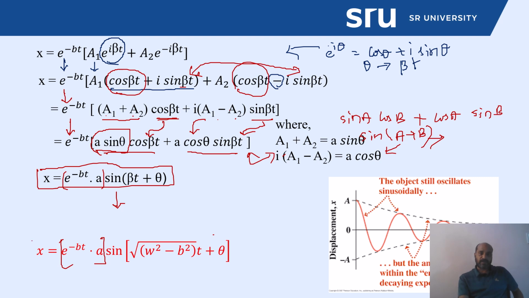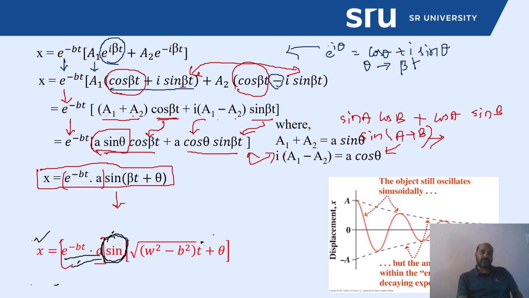The displacement of the oscillator is changing with respect to time. In what way is it changing? It is changing sinusoidally. So sinusoidal behavior is there, but that amplitude is not constant, because whatever term is before that sine function is the amplitude.